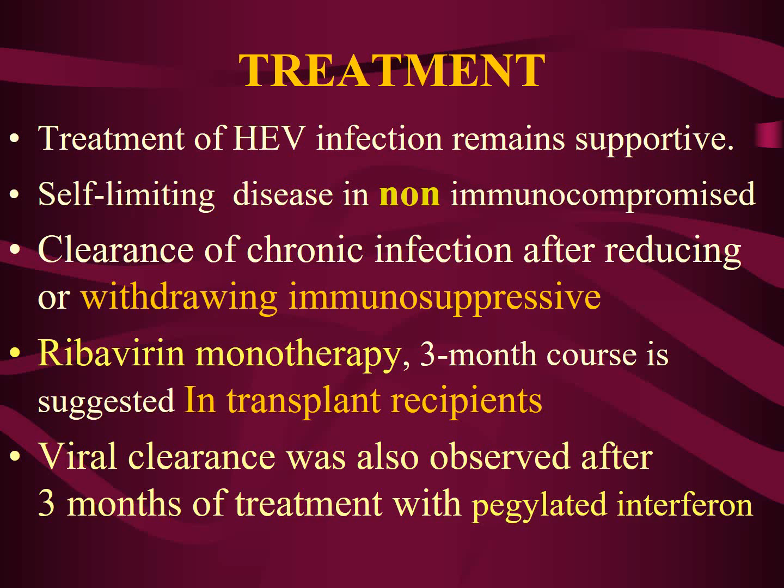Ribavirin is the treatment. Ribavirin monotherapy, a 3-month course, is suggested in some transplant recipients. Viral clearance was also observed after 3 months of treatment with pegylated interferon.